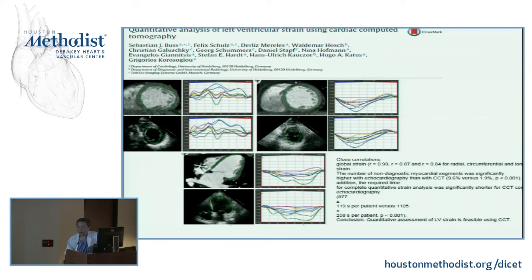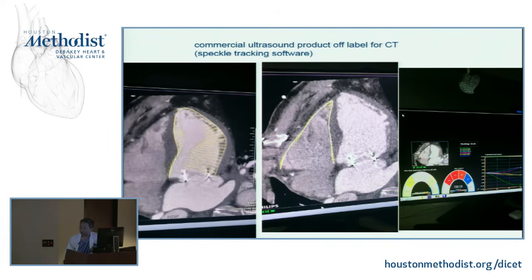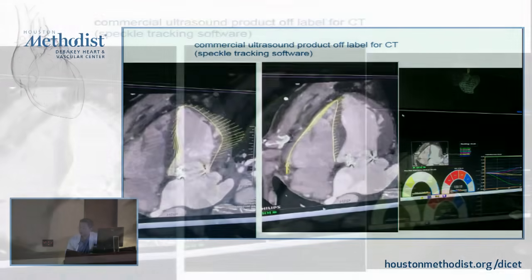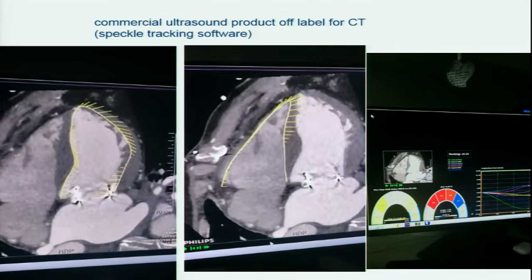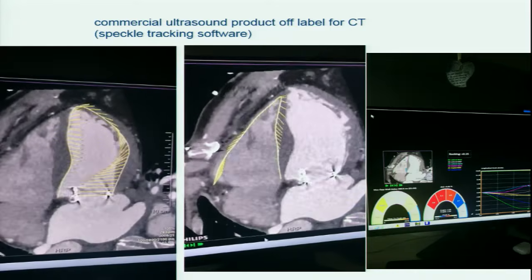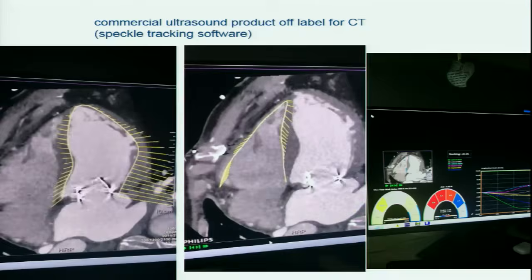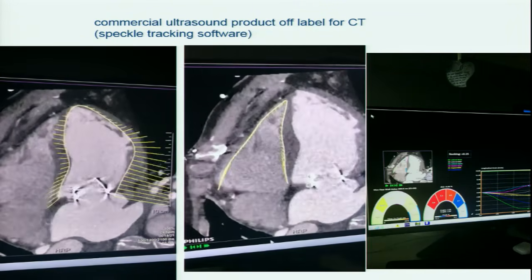I think CT has potential, and this is the first thing we tried with Siemens using their Echo software and our CT data set. It appears to work. This is the first step. So if any fellow is interested in working on these projects, especially in these patients.